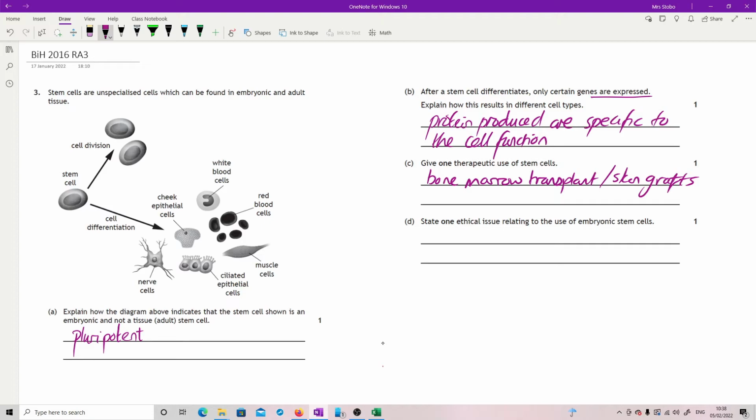Okay, state one ethical issue relating to the use of embryonic stem cells. I'm again expecting that you're going to go with embryo destruction. Okay, so what you have here is that embryos are being destroyed, and that is an issue in terms of potential life.